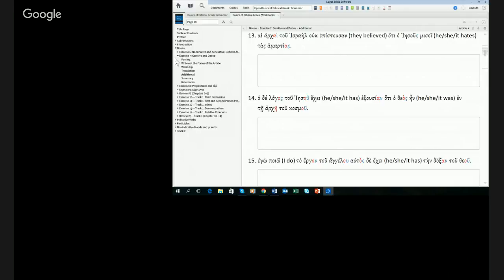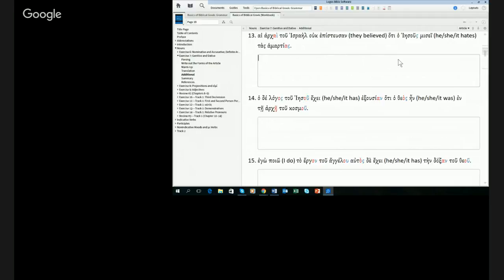and the article confirms. The rulers of Israel, uk epistusan, they did not believe, hoti, that, ha Jesus, Jesus being somewhat irregular, but we do see the typical sigma ending for nominative masculine singular, and the article confirms that it's nominative masculine singular.